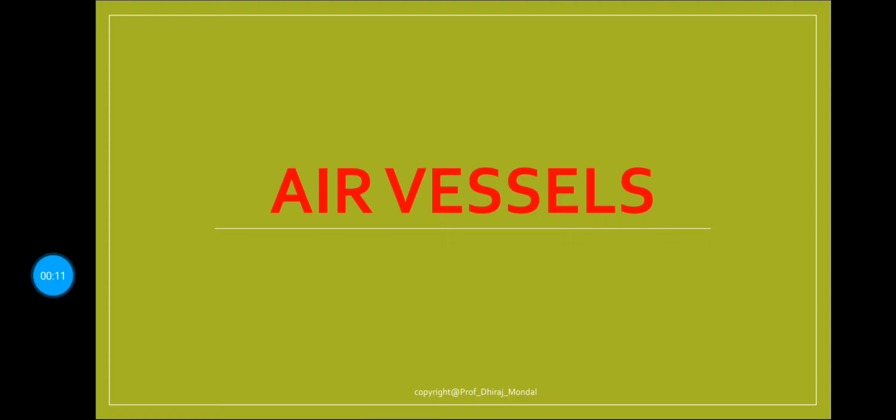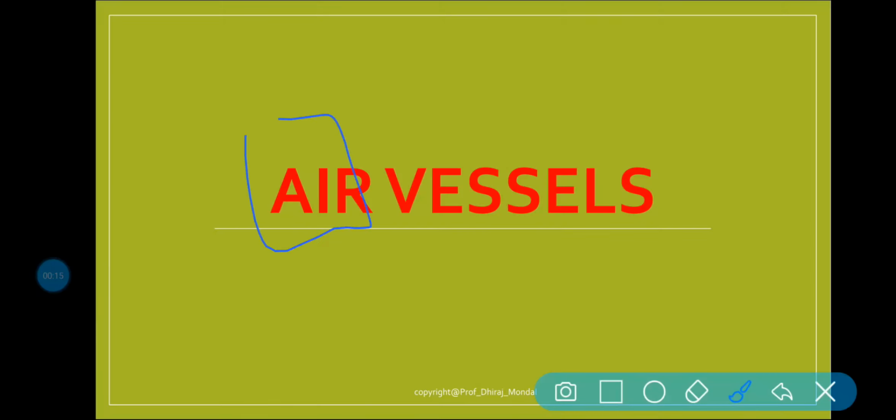What is an air vessel? Basically, an air vessel is a closed chamber containing compressed air in the top portion and liquid at the bottom of the chamber.